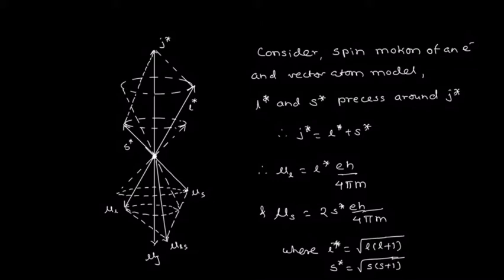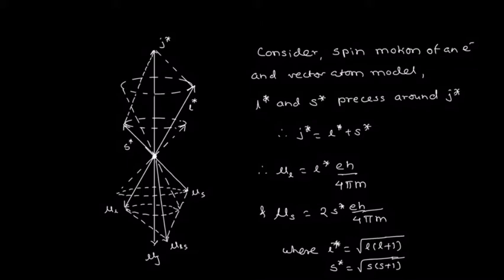Due to the orbital motion of an electron, when that electron precesses around the resultant vector J star, it produces a magnetic moment. That magnetic moment due to orbital motion is equal to PL multiplied by e divided by 2m, where PL is an integral multiple of h divided by 2 pi, and we simplify that term.